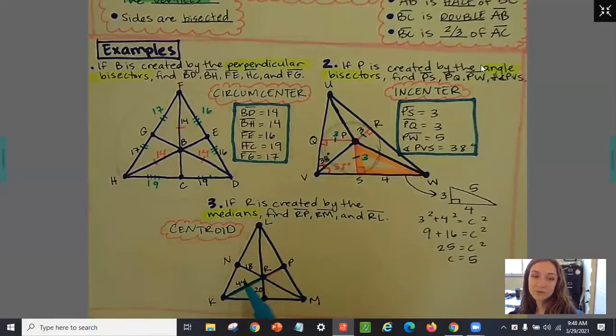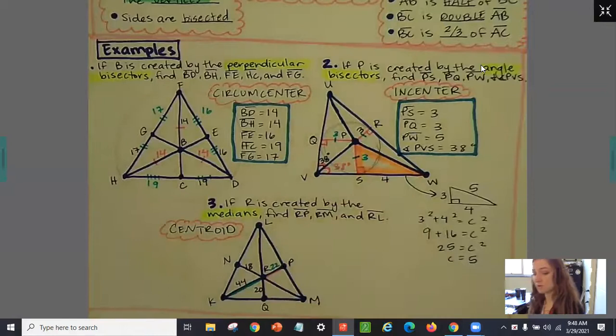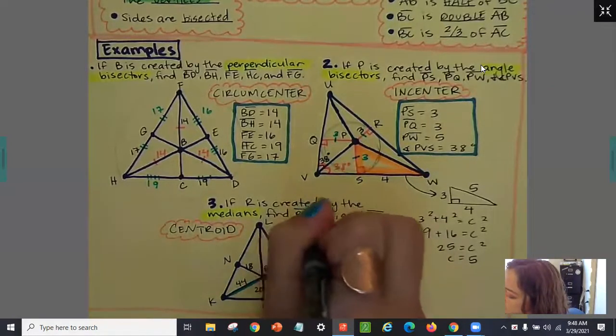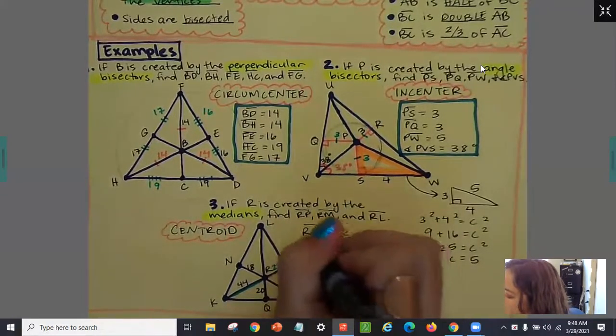So since this is 44, that means that this is going to be half of that, which is 22. So if this is 22, that means that this one is double, or you could look at it as the half relationship. So since that is 44, this is 22. So we know that RP equals 22.